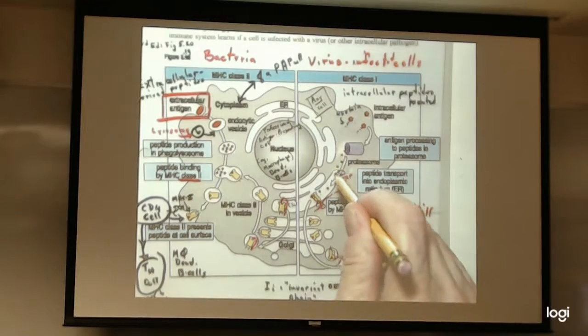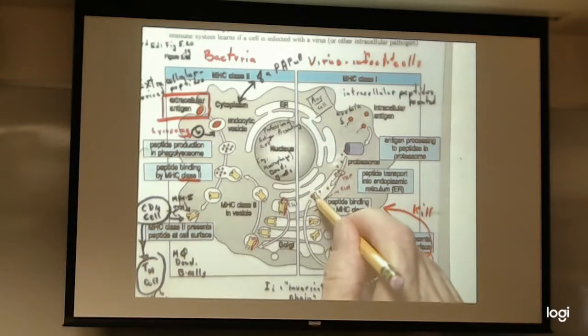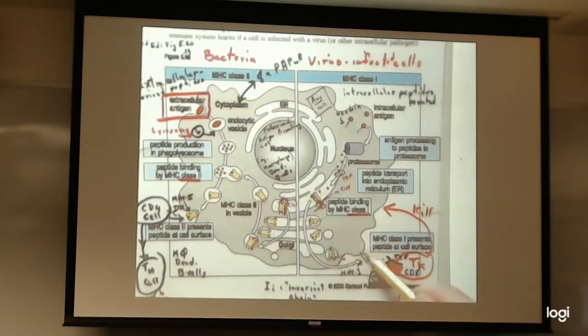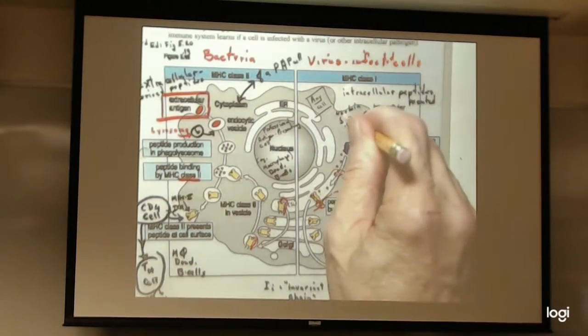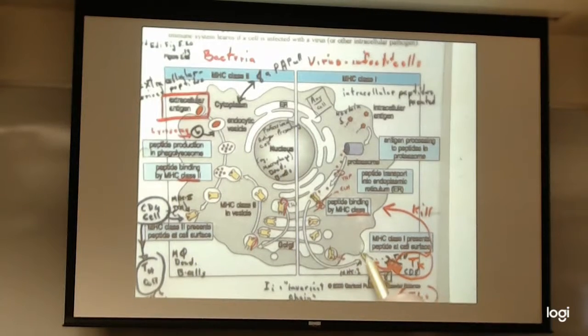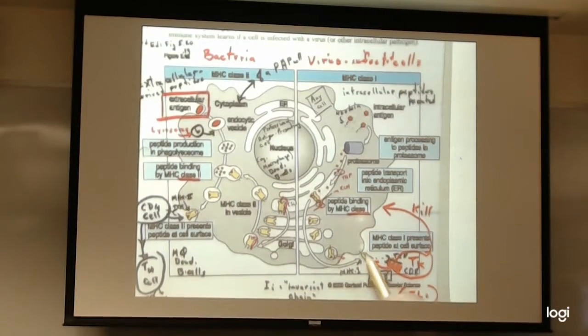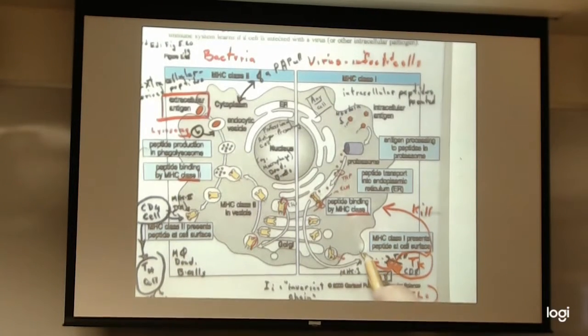Okay? They're going to get peptide loaded onto them here, and then go by vesicle trafficking, and now appear presenting this peptide, which is derived from intracellular protein, to the immune system in the outside world. Questions? Okay.